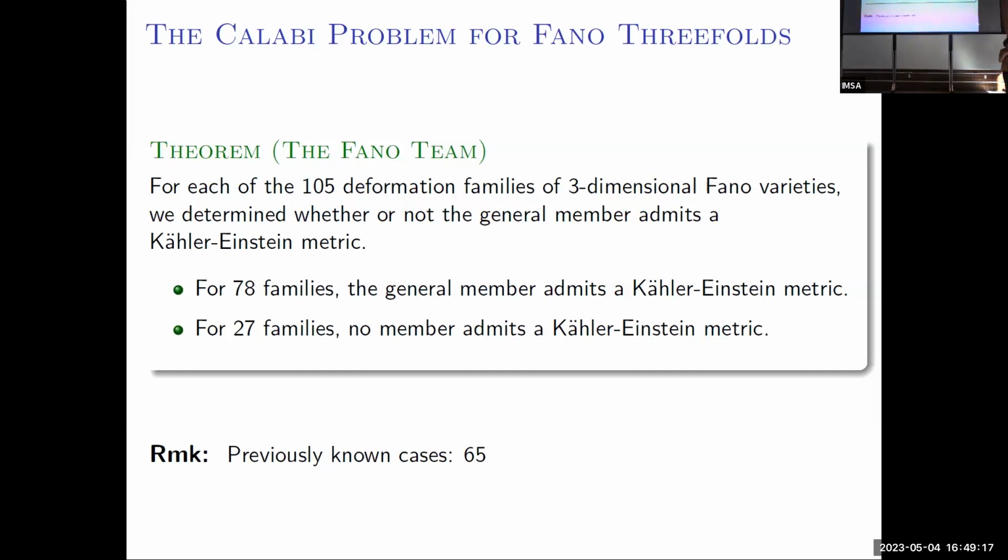Also for toric Fano varieties, there is a very beautiful criterion. We know that there is a combinatorial description for toric varieties. For any Fano toric variety, you can associate a polytope, and the existence of a Kähler-Einstein metric, or K-polystability, for a toric Fano is equivalent to the barycenter of this polytope being at the origin.